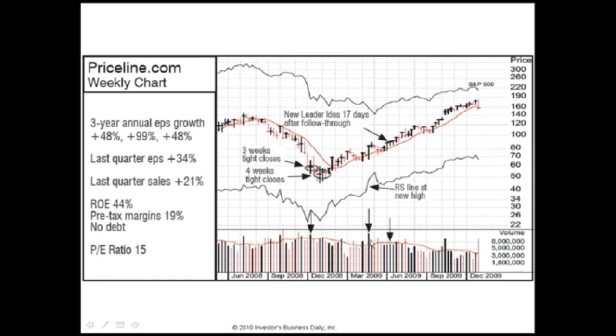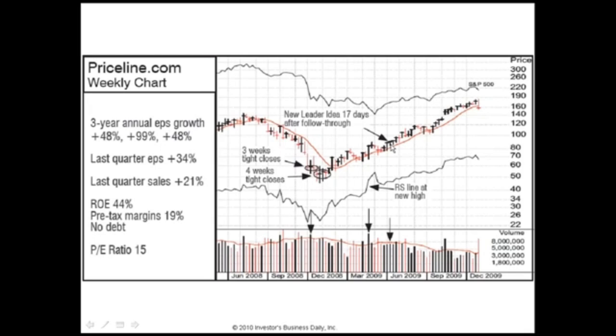And you have 3 weeks tight again there, and the market comes off a little bit, and the 3 red weeks pulling back. On the red week, the volume is up much higher than normal, and it closes slightly in the upper half of its range for the week. It's being supported, and then you come out and break out, and you see where we put it on. There's where we put it on as a buy at that time.